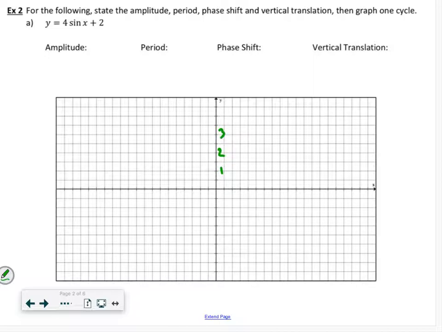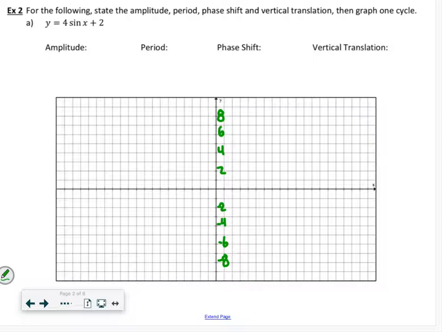In this case we have to get up to 4 and 6, so I'm going to go 2, 4, 6, 8, -2, -4, -6, -8.